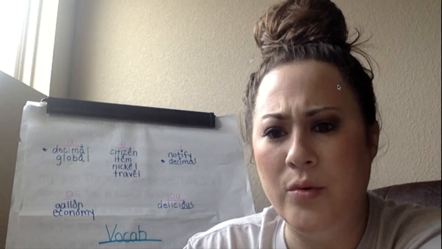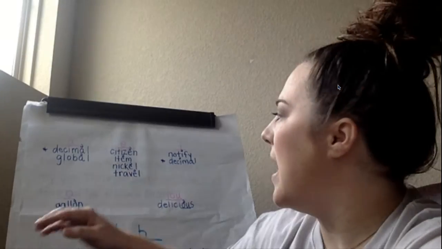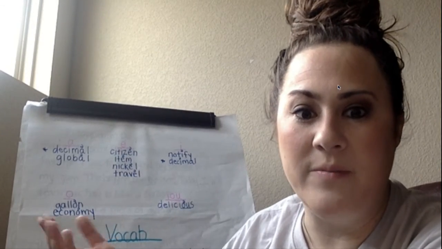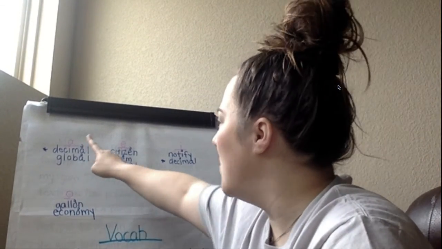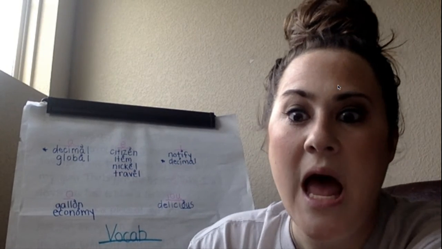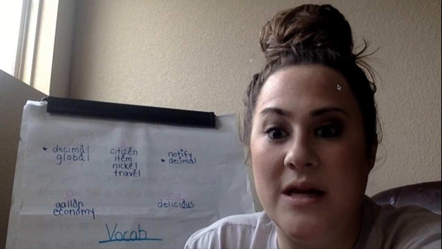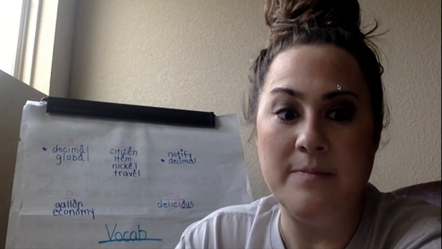Decimal. Ooh, that sounds like a word that I'm familiar with. And so I know that that last A has the schwa over it because it's making an uh sound. And also the I in decimal has the schwa sound. And so that is our word that is used twice. That word has two schwas.